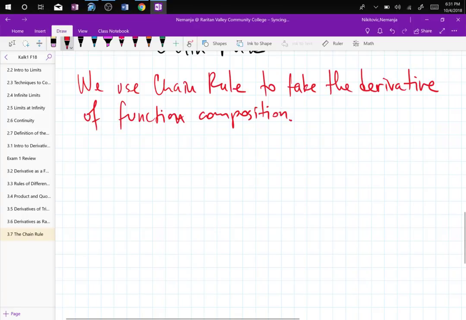So what is the formula that we are going to use? There are two forms, so you'll pick your poison.